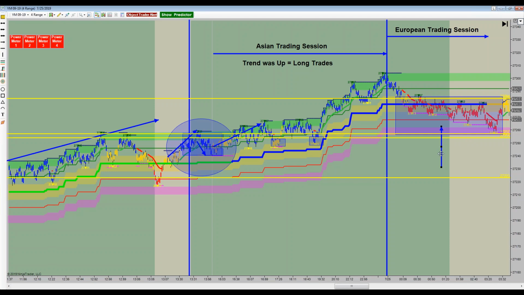So here's the thing. There are times when you do not necessarily need to take trades, right? If a market isn't doing what you want it to do, do you need to trade it? Do you need to be in the market all the time?